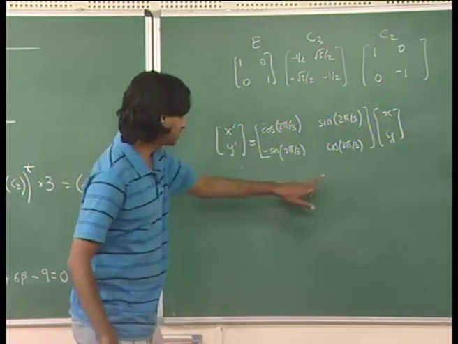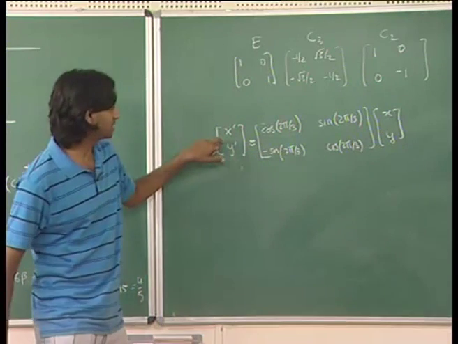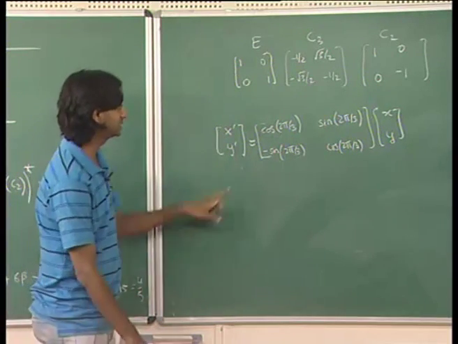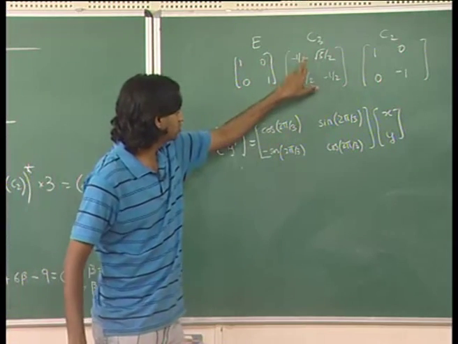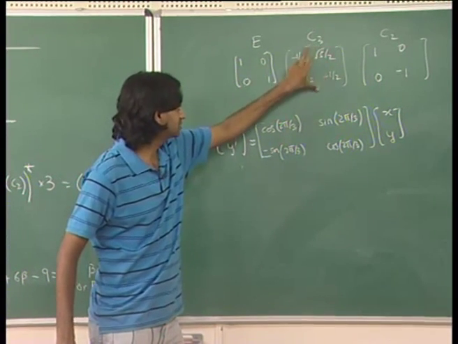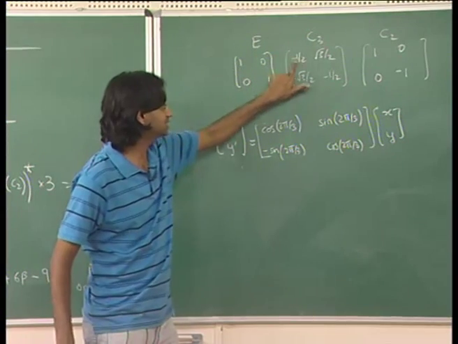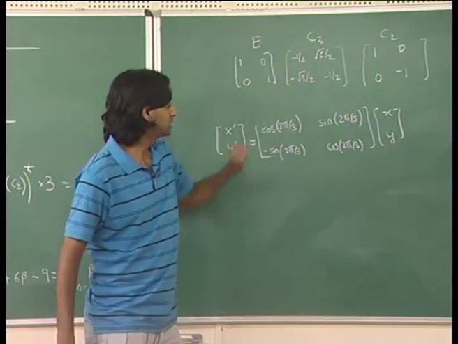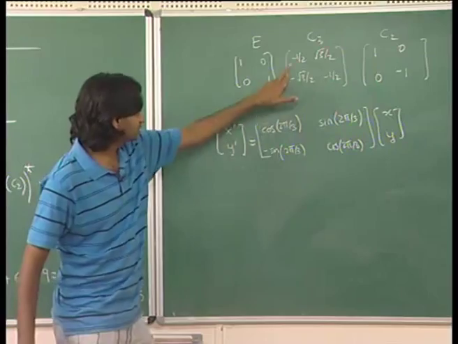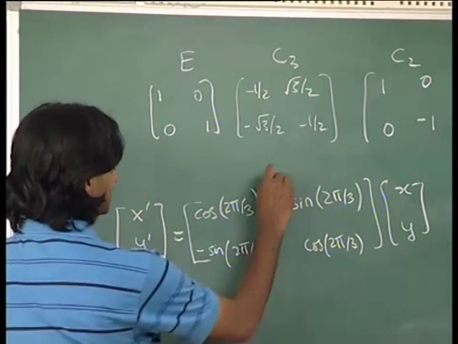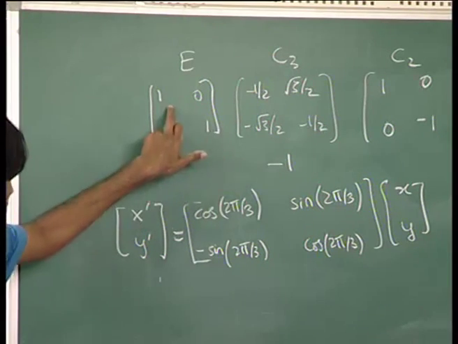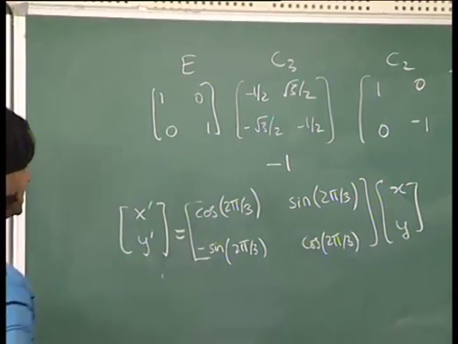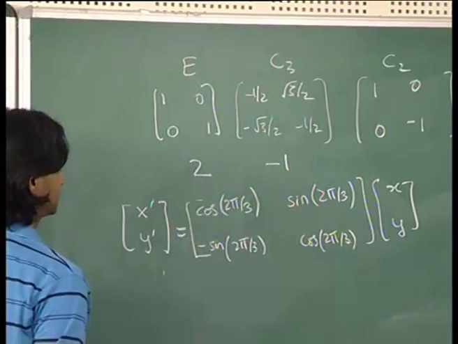Okay. So, the transformation from x y to x prime y prime under rotation by C3 is this matrix. Okay. So, the matrix corresponding to C3 is this. Okay. Now, what is the trace of this matrix? The trace of this matrix is -1. The matrix corresponding to the identity is just the identity, which has trace 2.